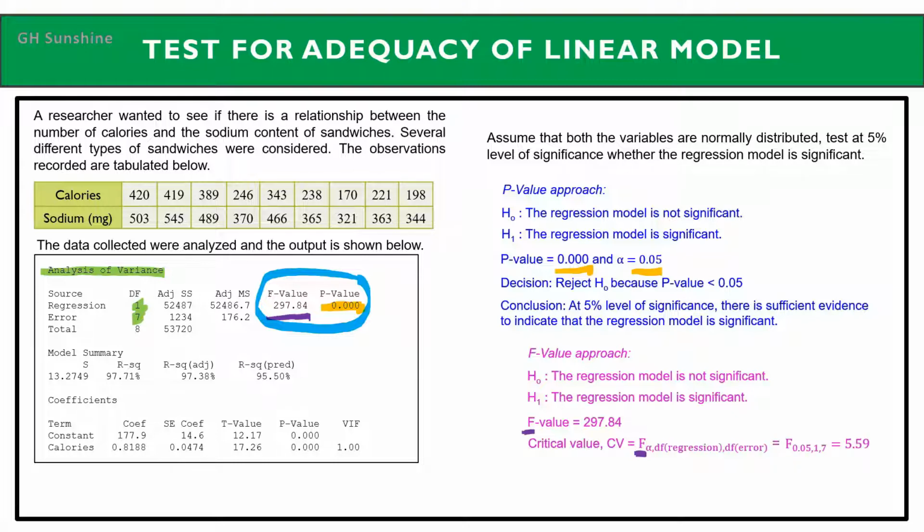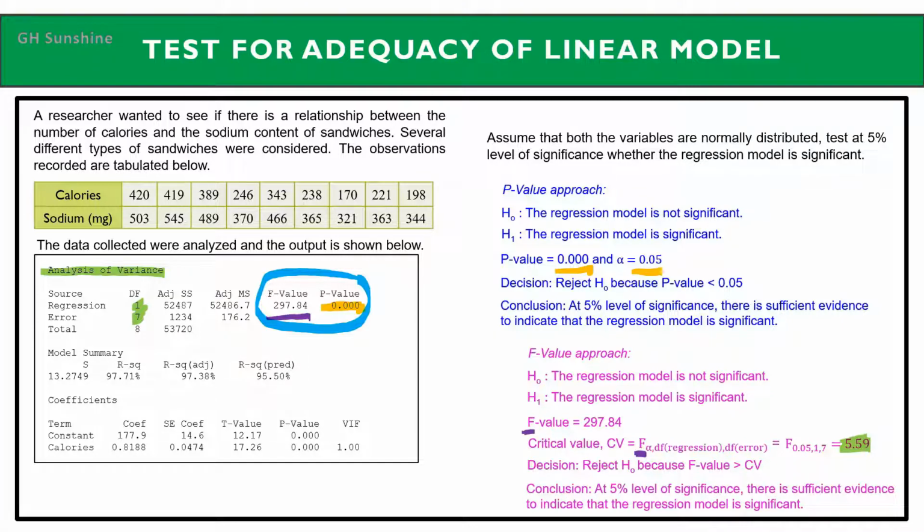So, when alpha equals 0.05, V1 equals 1, and V2 equals 7, the critical value equals 5.59. Therefore, reject H0 because the F value is greater than the critical value.